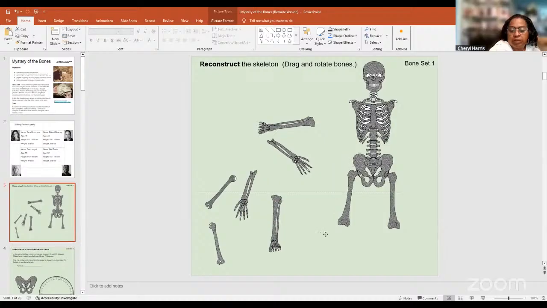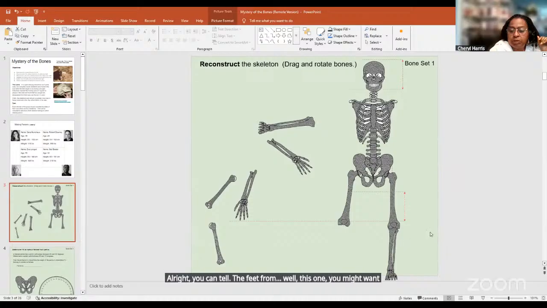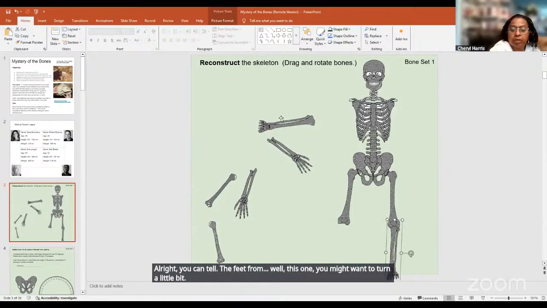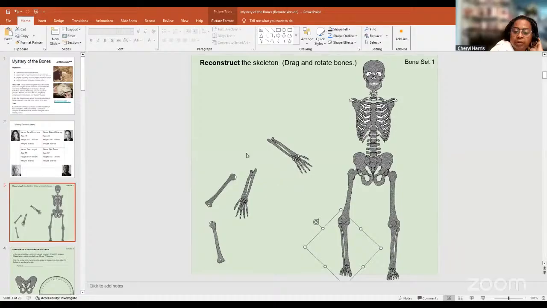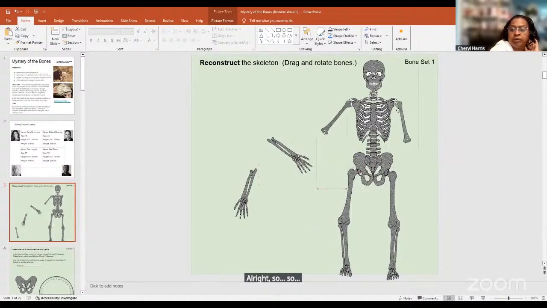All right, you can tell the feet from this one, you might want to turn a little bit. All right, so follow the instructions they gave you.